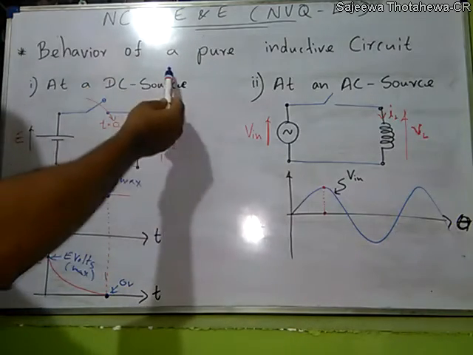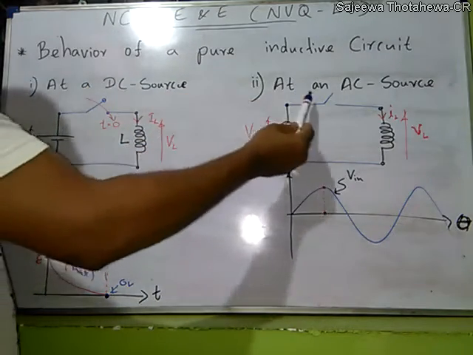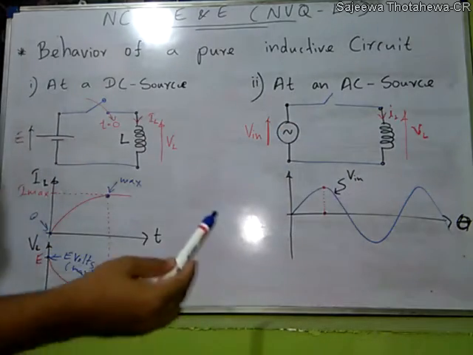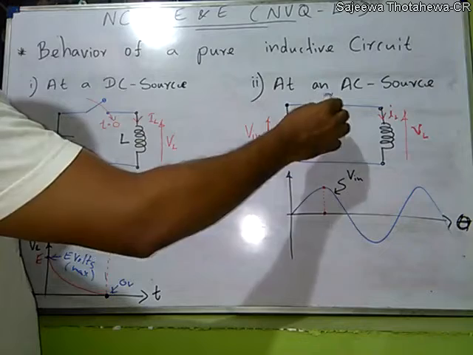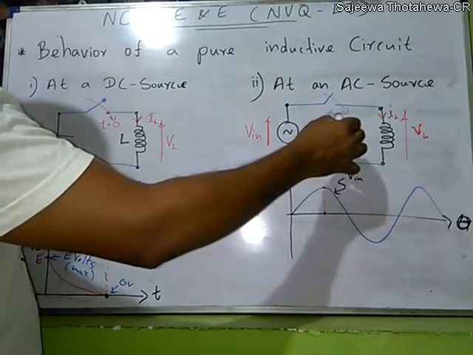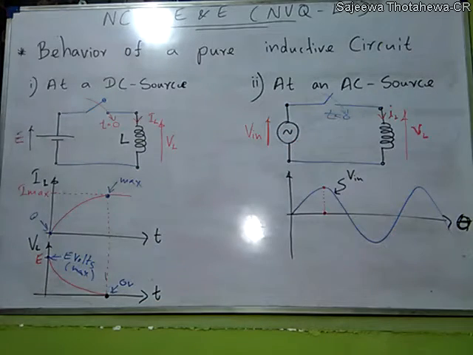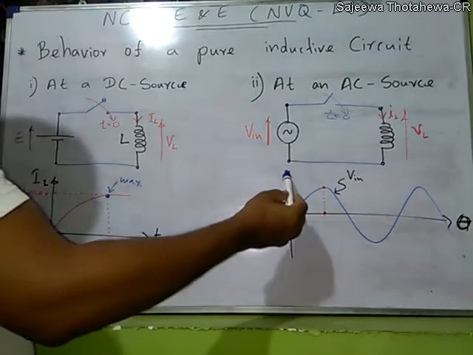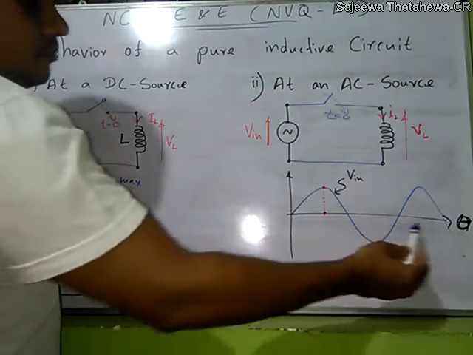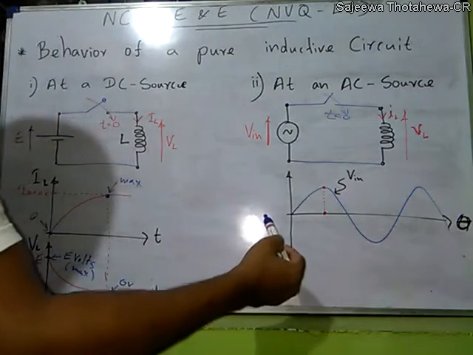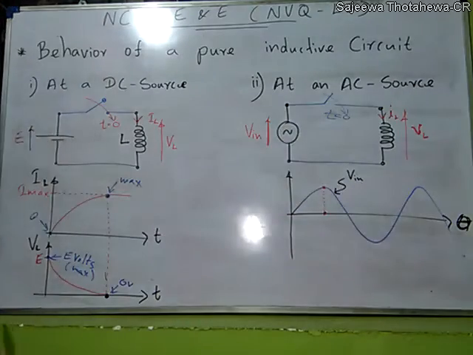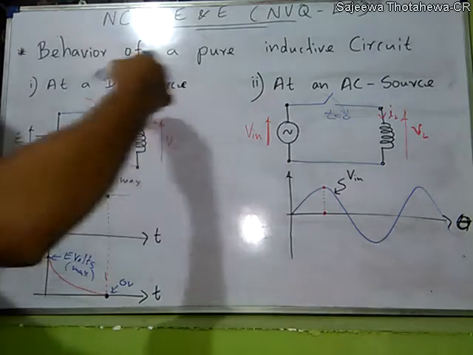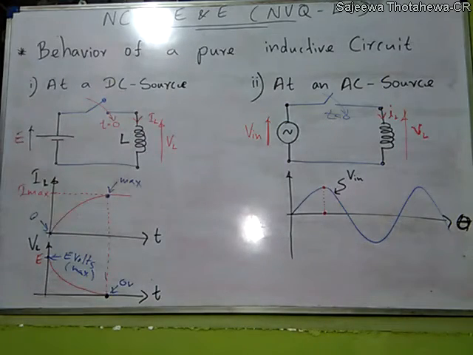That means the behavior of a pure inductive circuit at an AC power source. Here also I close the switch at t equals 0, and then I plot this graph. That means the current variation and the voltage variation of this inductor by following our first case.